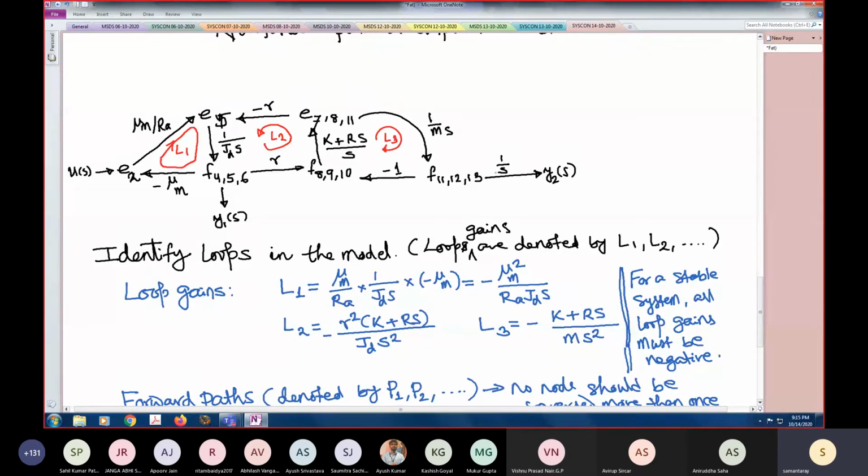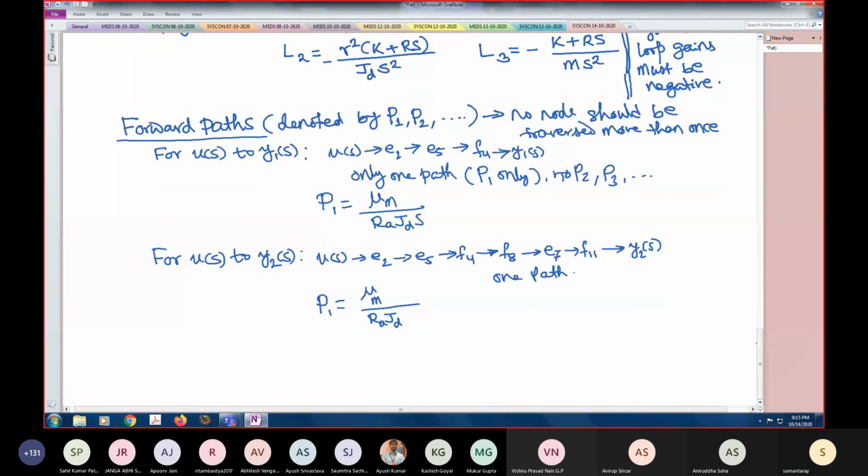So M and S to the power 4 will come in the denominator, R into K plus RS will come in the numerator. Okay, these are the forward paths.